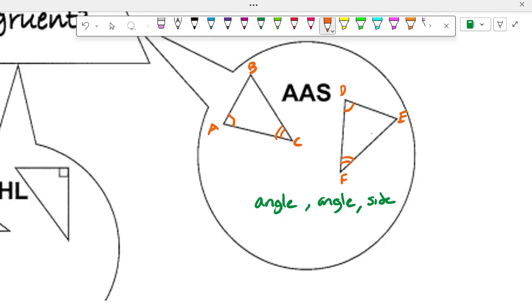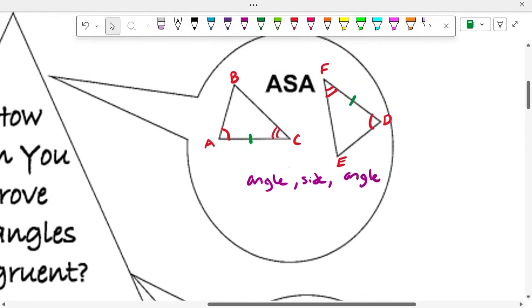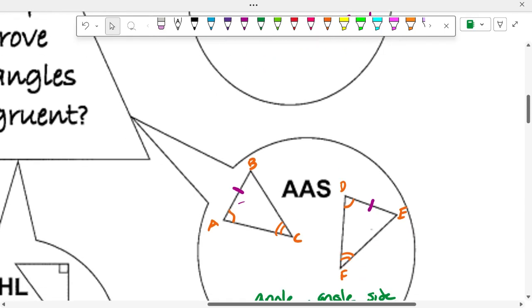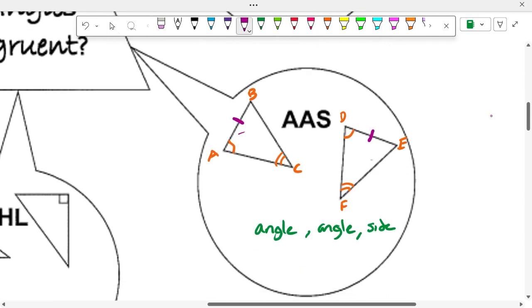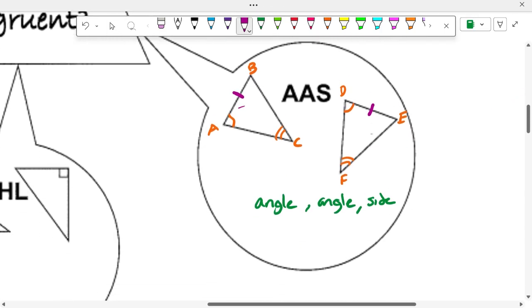Angle, angle, side means that the side isn't between the two congruent angles, it's only next to one of the congruent angles. So do you see how this side is not between the congruent angles, whereas up here it is? That's the difference between the two. That's the one that I see most people switch up a lot.